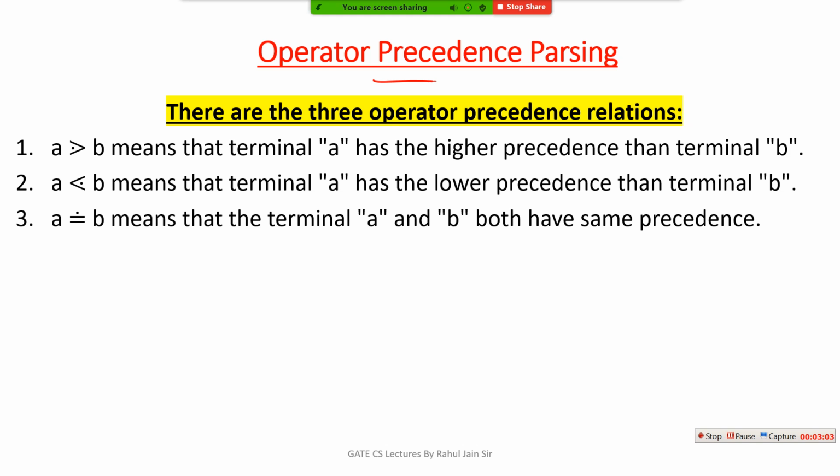The very first one is that there are three operator precedence relations. Suppose A is greater than B is written here.